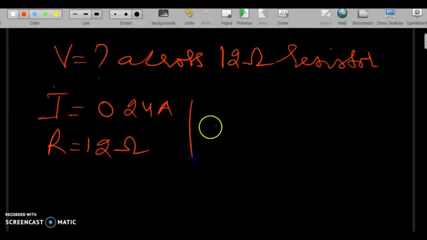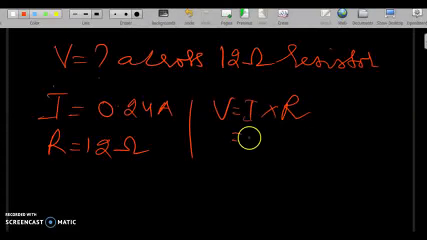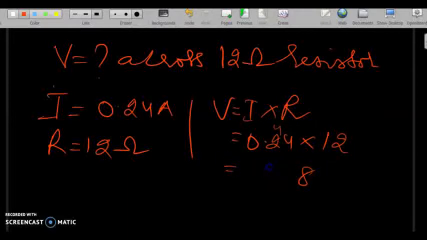Using Ohm's law again, V is equal to I into R. What is I? I is 0.24 into R is 12. So 12 4s are 48, 8 4s are 32... that becomes 2.88 volt.